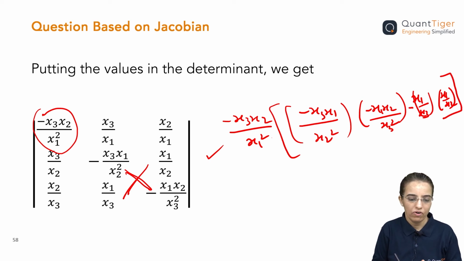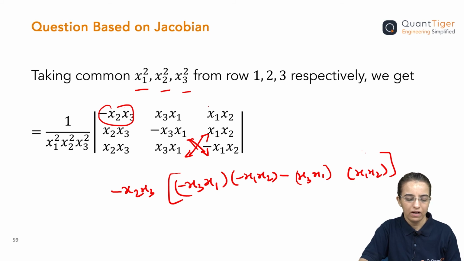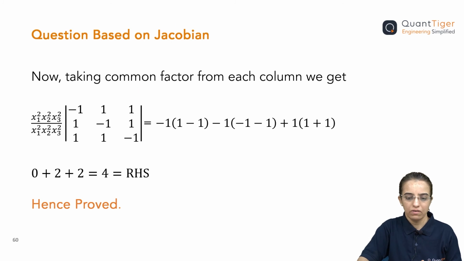In the same way, for each of these terms we will do it, and the final value we will try to find. By taking out the common x1 x2 x3 from each of these rows, we will get something like this. Now putting in the values from each column, clearly I can cancel this out, and then again I will simplify this one by using the determinant.